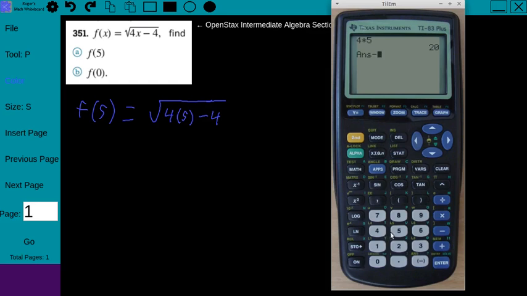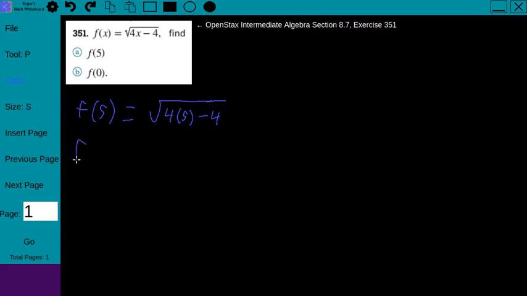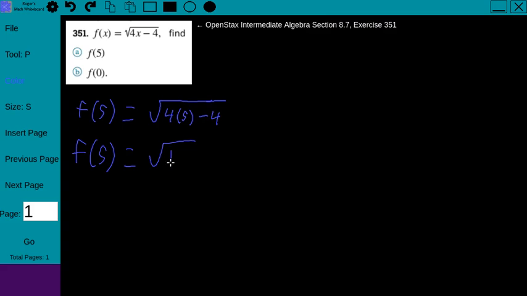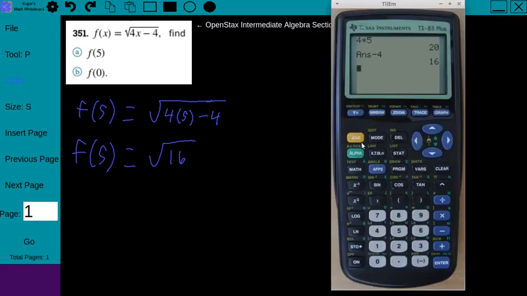Generally, I don't like doing it this way, but I'll do it this way for now. So f of 5 equals the square root of 16. We can do that on our calculator if we don't already know that it's 4.